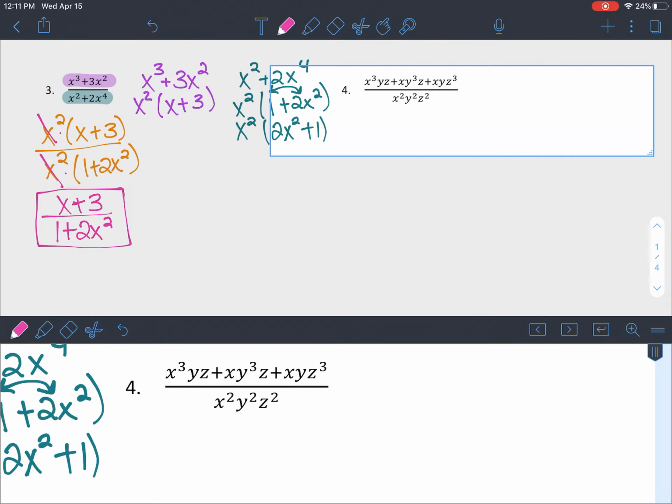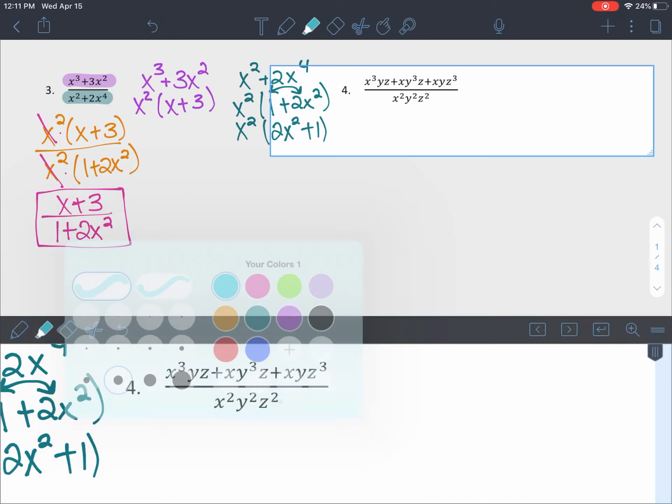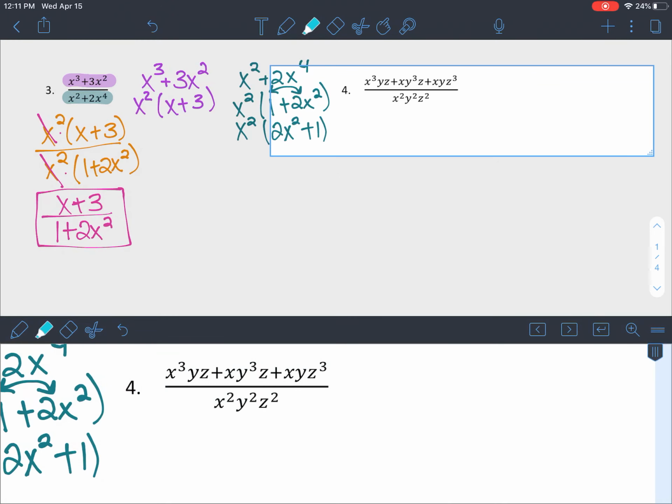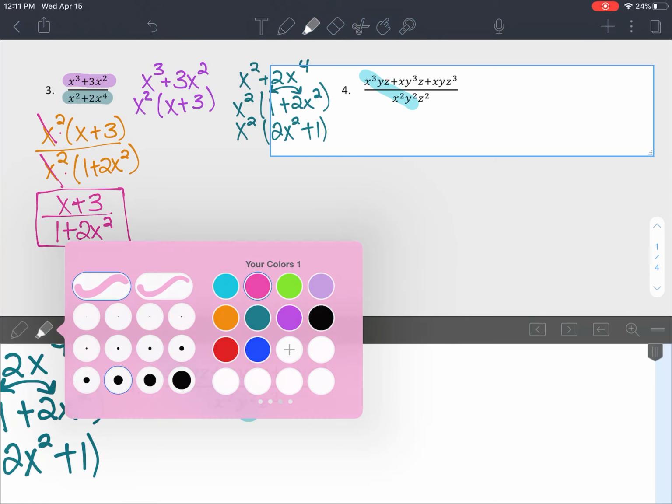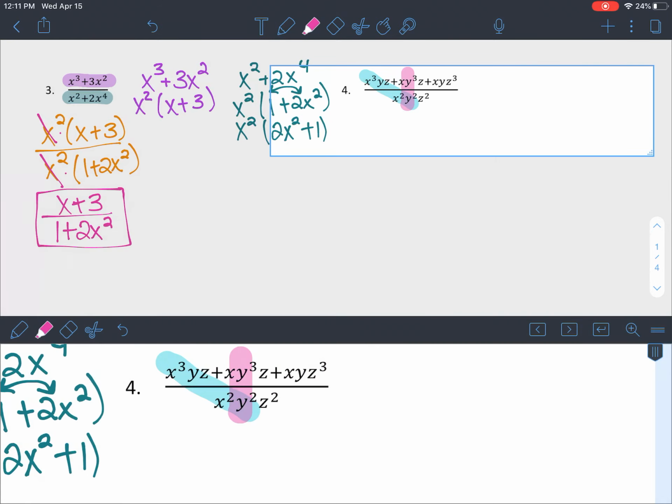All right, so number 4 has a lot going on. So what I'm going to do is I'm going to kind of break things up here. I'm going to start by breaking up my addition. So I'm going to do this over this, and then this over my denominator, and then this over my denominator.